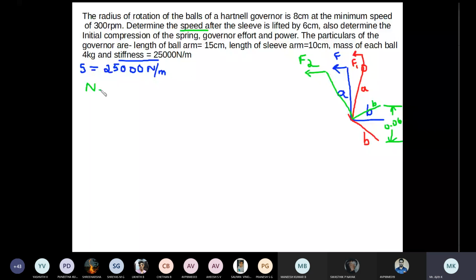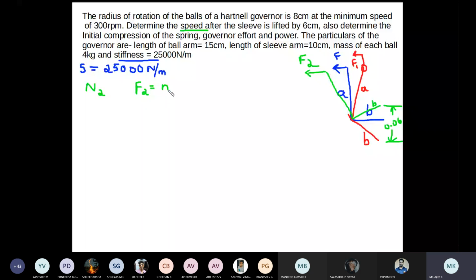So how can you calculate N2? Just go through all the equations. Actually, there is no equation to calculate N2 directly, but this N2 term comes only in the F2 equation.